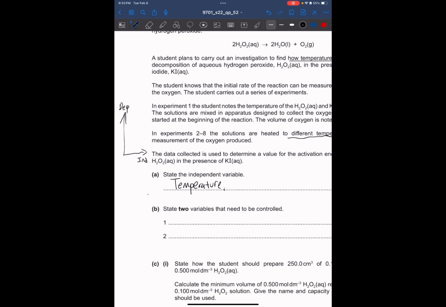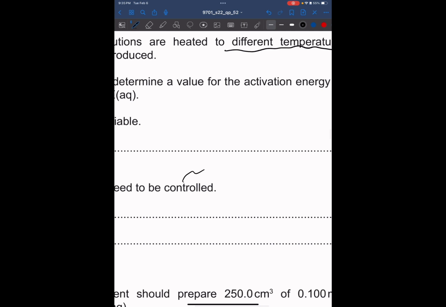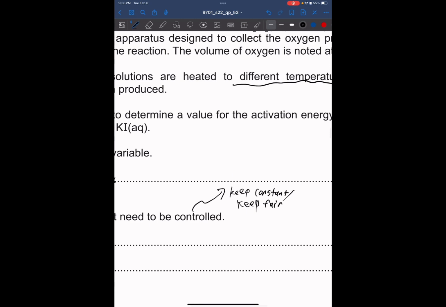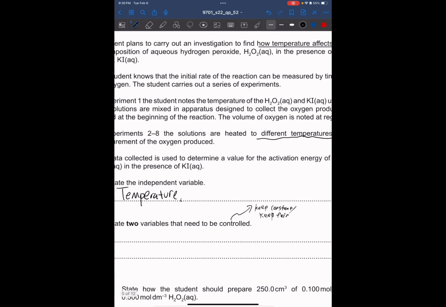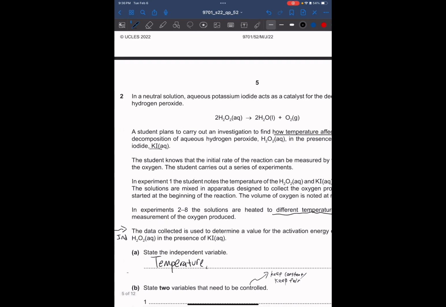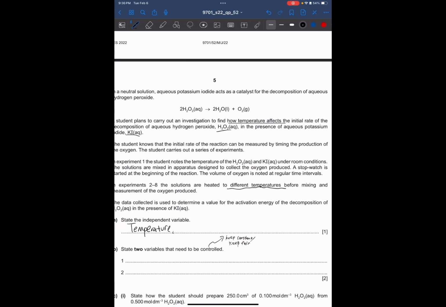Okay, question B. State two variables that need to be controlled. Controlled basically just means that we need to keep constant or keep fair for all experiments. It would be good noting what we're using in this experiment: potassium iodide and hydrogen peroxide. Our independent variable is only temperature, so everything else has to be constant.